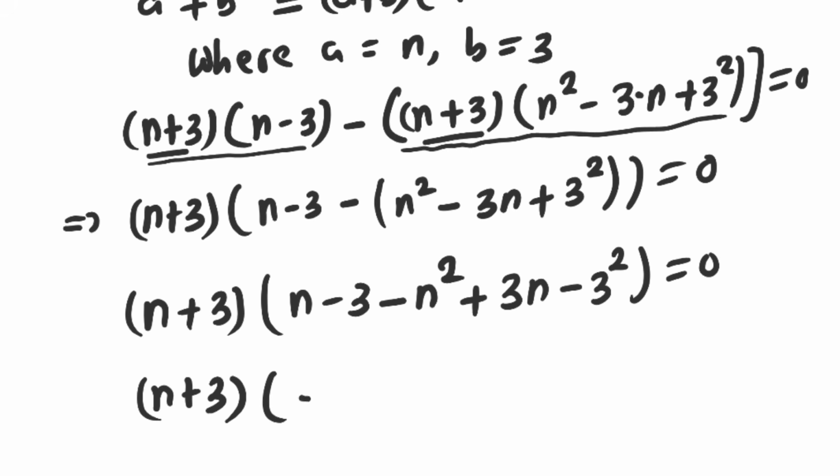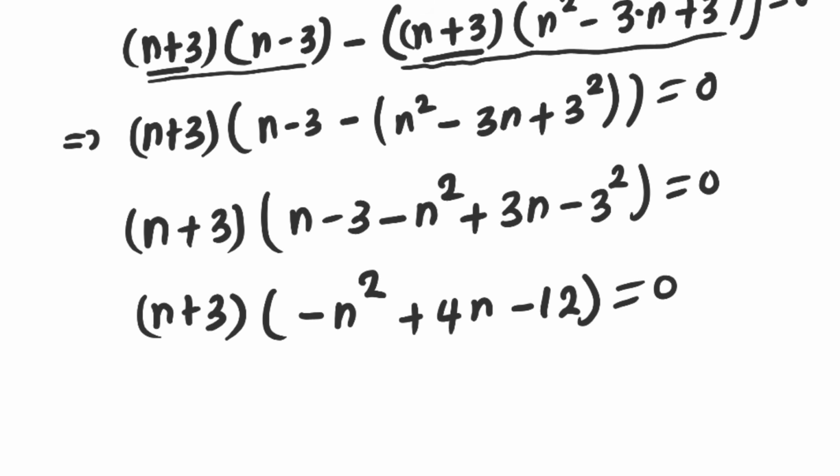This is minus n squared. Then n plus 3n, that is plus 4n. Then this is minus 3 minus 3 squared. Minus 3 squared, that is minus 9. Then minus 3, that is minus 12, is equal to 0.